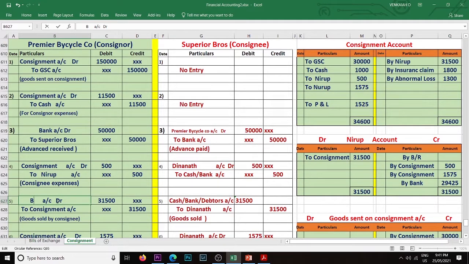Superior Brothers account debit to consignment account. Excel is an advantage, here itself we can calculate 800 into 220. You can check within your calculator. So 1,76,000.